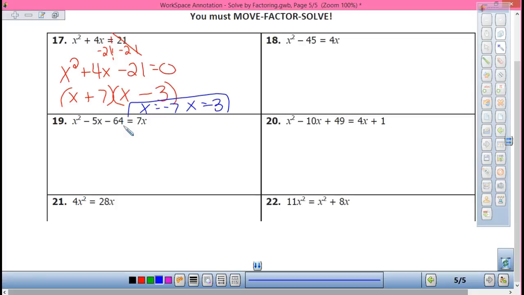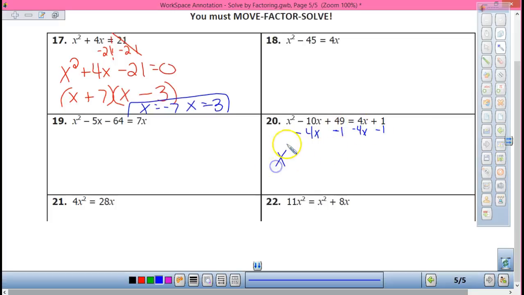Okay. Look at number 20. I have to move what and what? I gotta move the 4x and the 1. So how am I going to move the 4x? We're just going to minus 4x. And I got to minus it from this x. And then what am I going to do with this 1? Subtract that 1.